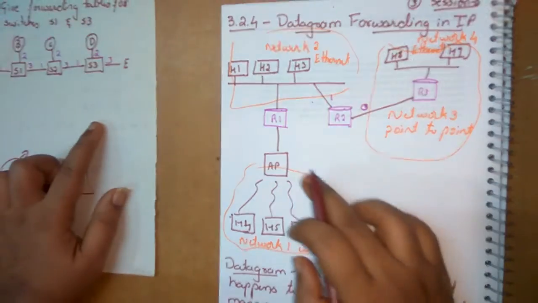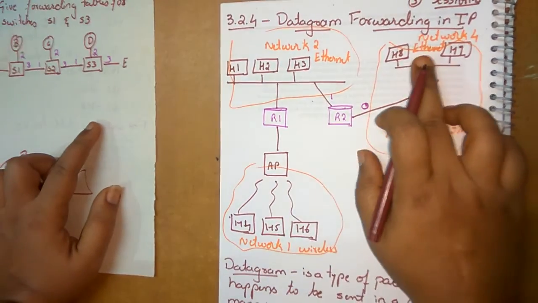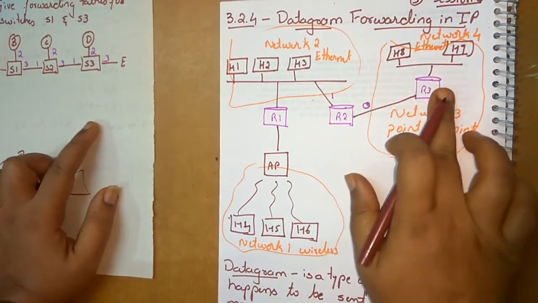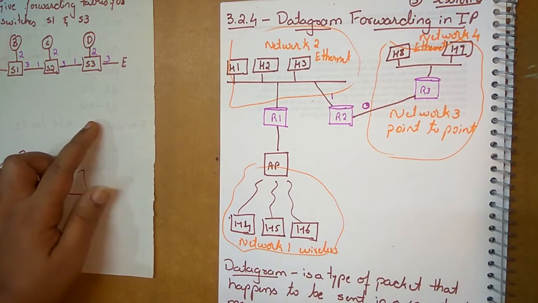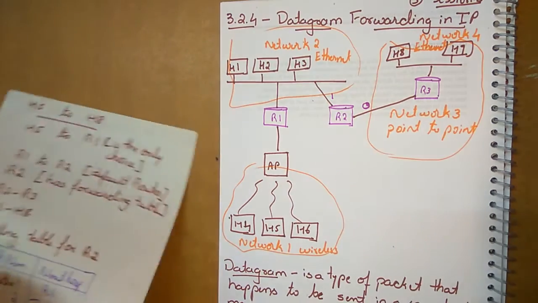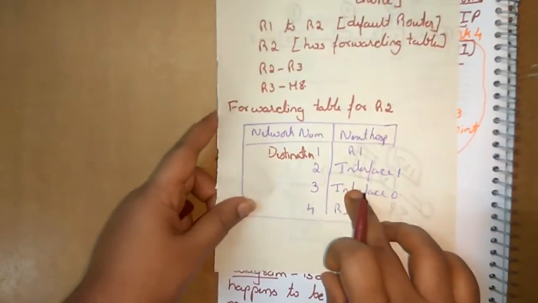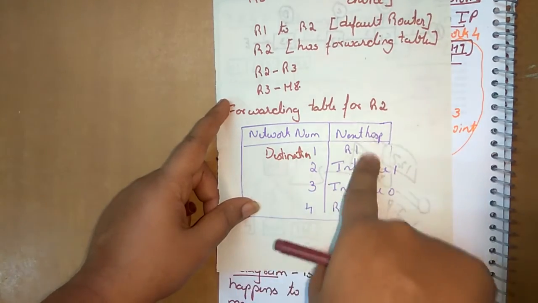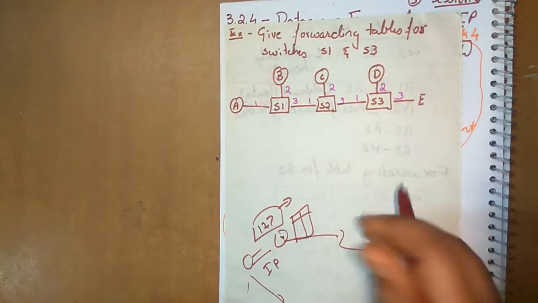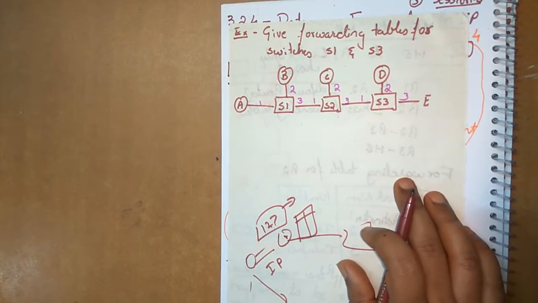For H5 to H8, which network number I have to refer to, the construction will be forwarded like that. This is the forwarding table for R2. If the destination number is 1, how do you get there? Here is one example.